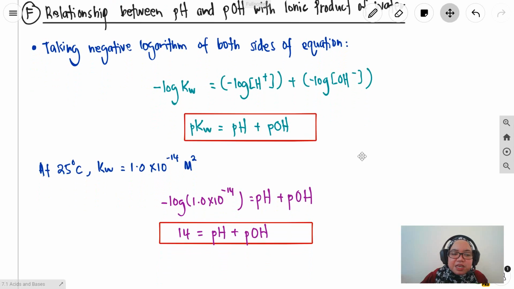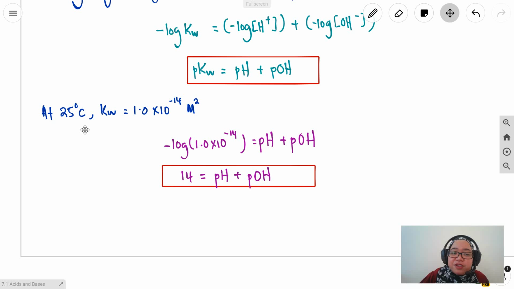Okay, so at 25 degrees Celsius, we know that Kw is equal to 1 times 10 to the power of negative 14 molar squared. So we substitute its value into the formula with the negative log. So negative log of 1 times 10 to the power of negative 14 is equal to pH plus pOH.